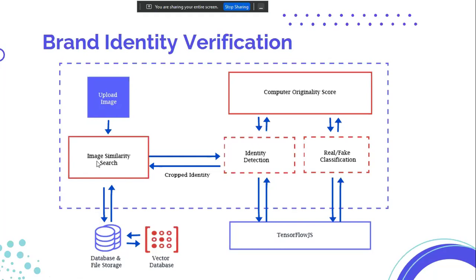Once you get the similar images, you crop out the identity, which is basically the logo markings, and do identity detection, which is like object detection, and then a real or fake classification, so you can tell if a product is real or fake, and use all this to compute an originality score. And this is something that we are working on internally.